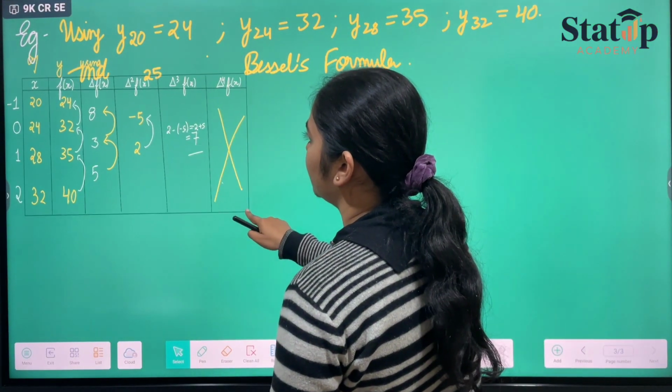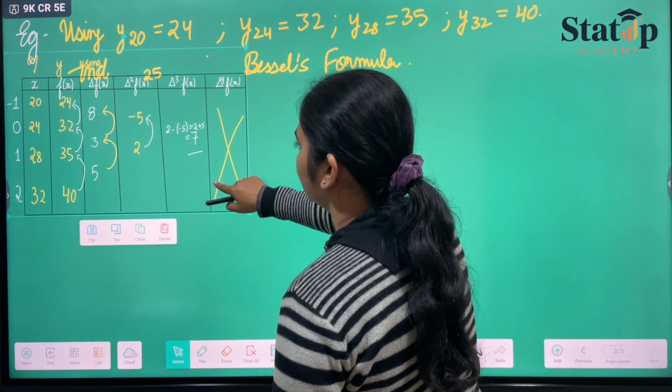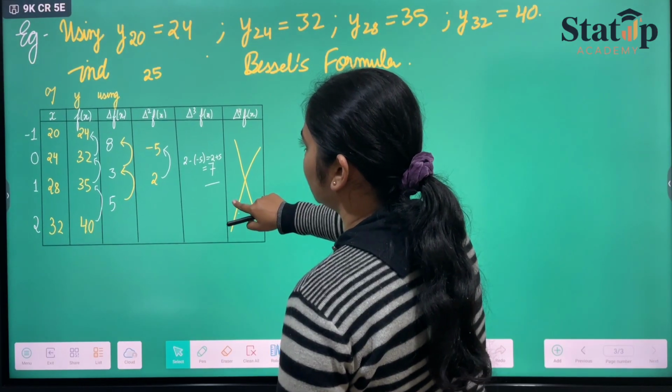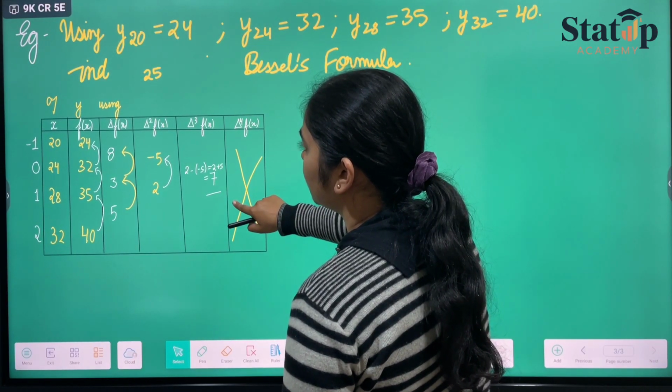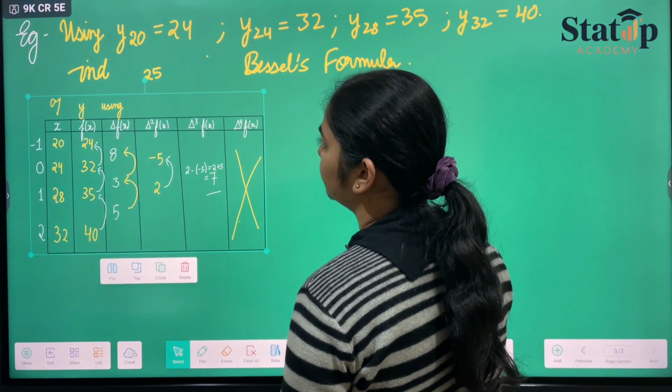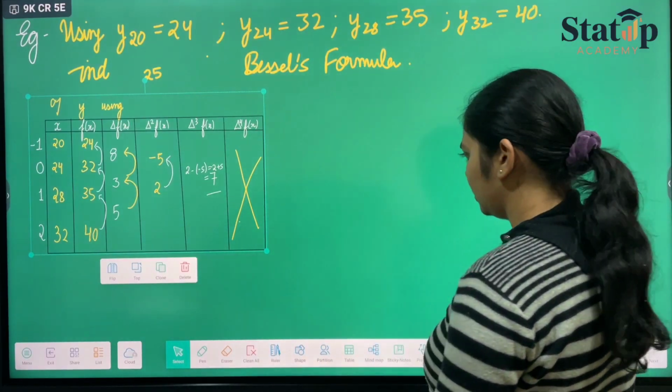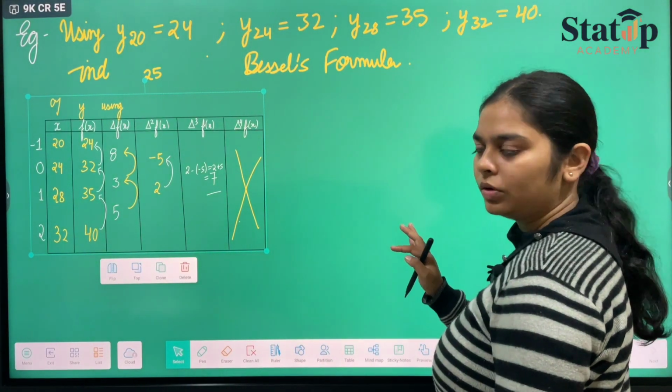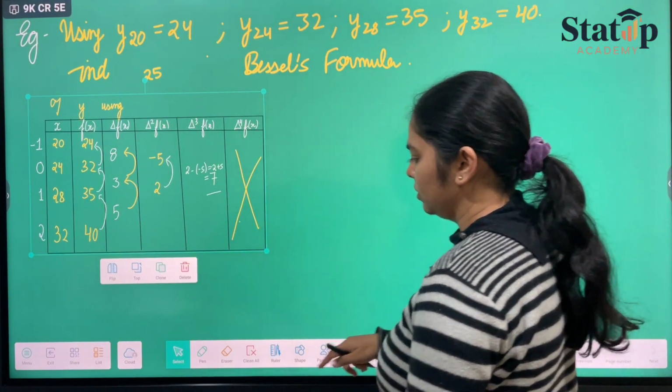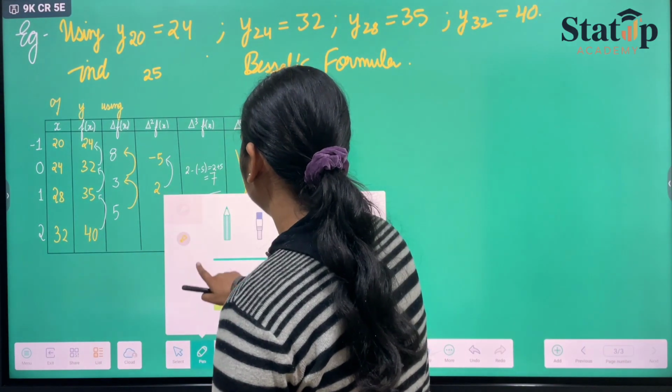So we have created this table. Now we'll solve it here only so as to get the answer.